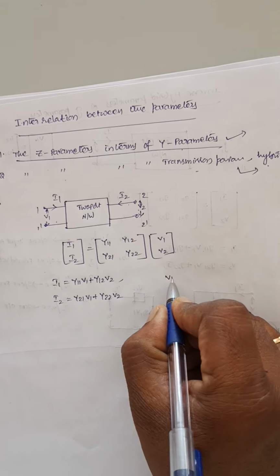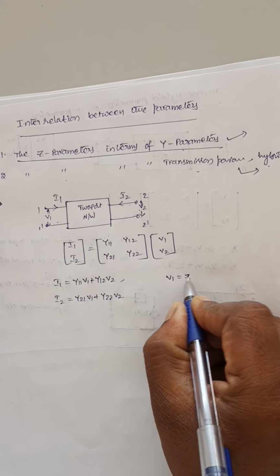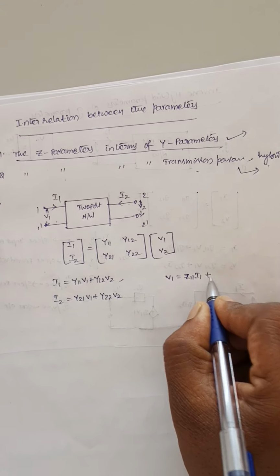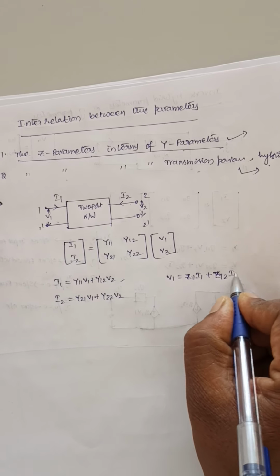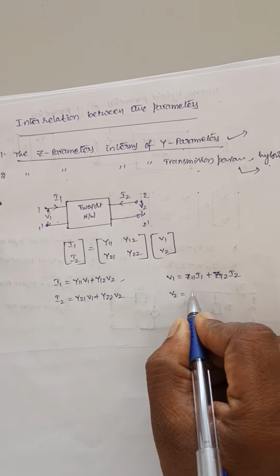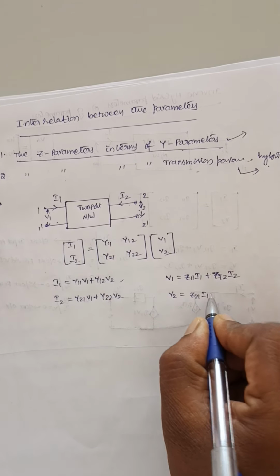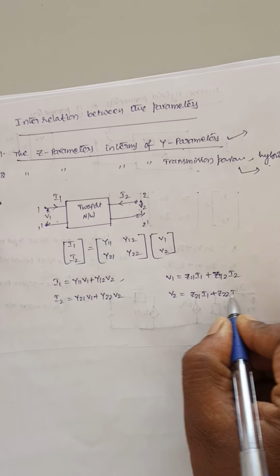You see here, we know that V1 is equal to Z11 into I1 plus Z12 into I2. Next similarly V2 is equal to Z21 into I1 plus Z22 into I2. Right.